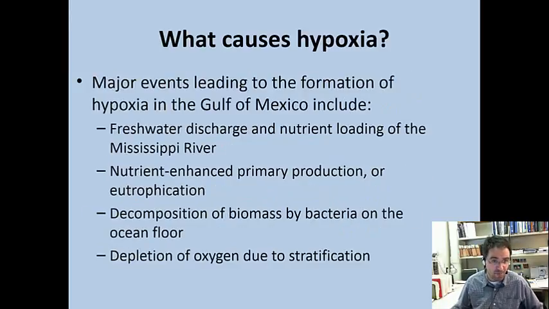As we look at hypoxia, and we think of major events leading to the formation of hypoxia in the Gulf of Mexico, we see freshwater discharge and nutrient loading from the Mississippi River.